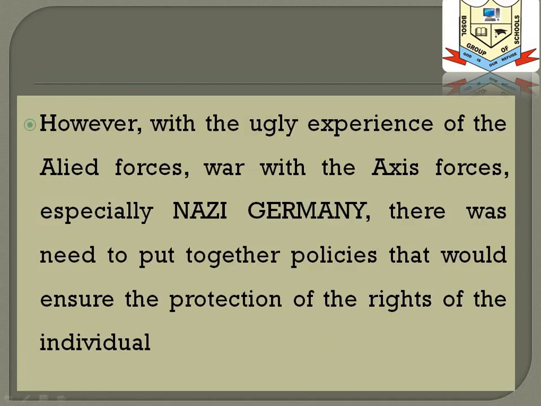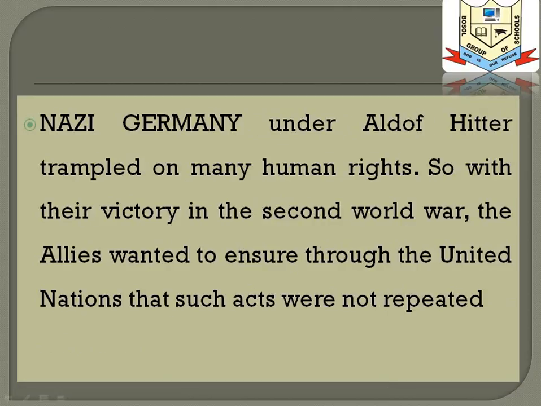However, with the ugly experience of the Allied forces, war with the Axis forces, that is during the Second World War, there was a contention, a war between Allied forces and Axis forces, especially that of Nazi Germany. There was need to put together policies that will ensure the protection of the rights of the individual.